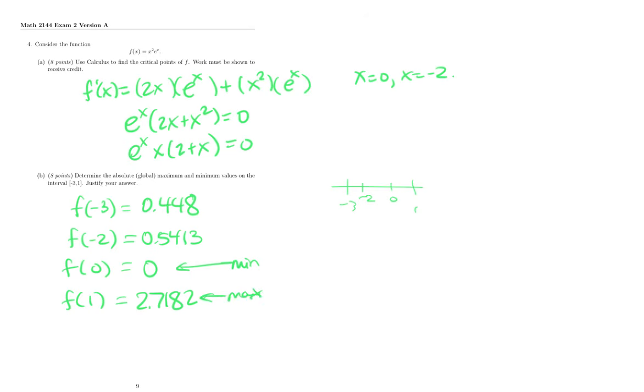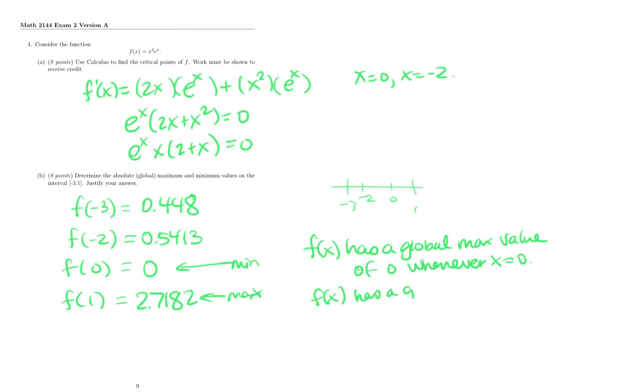Let's write a sentence to be very clear about this. So f of x has a global maximum value of 0 whenever x equals 0.